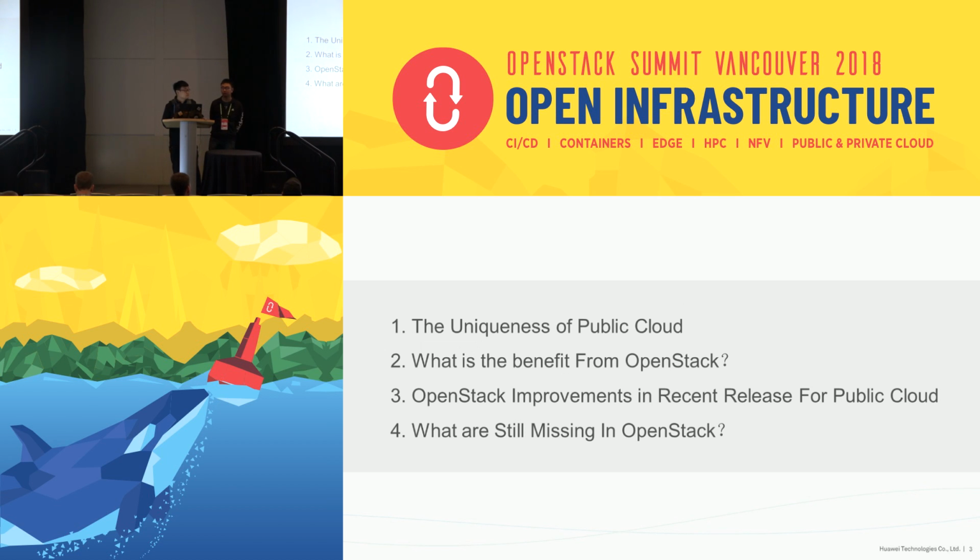Next one is what OpenStack improved in recent releases for public scenarios. We will sum up the features that have been done in recent releases that improved OpenStack for public scenarios. In the last part, we will talk about what is still missing in OpenStack for public cloud. In this part, we will share our Huawei Cloud true stories, including our attempts and practice.